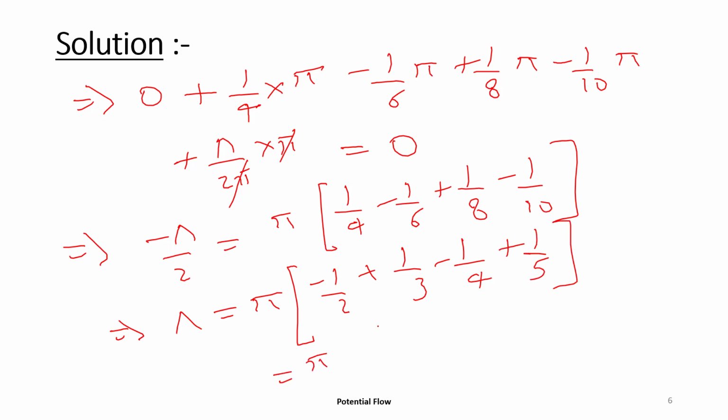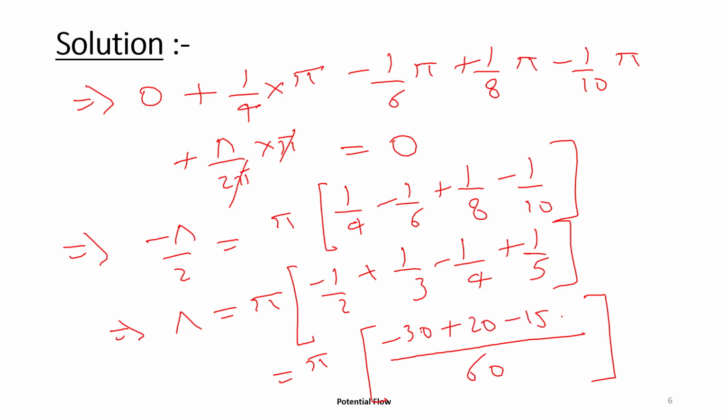We will take the LCM, which will be 60, so it will be minus 30 plus 20 minus 15 plus 12, which will be equal to minus 13 pi by 16.